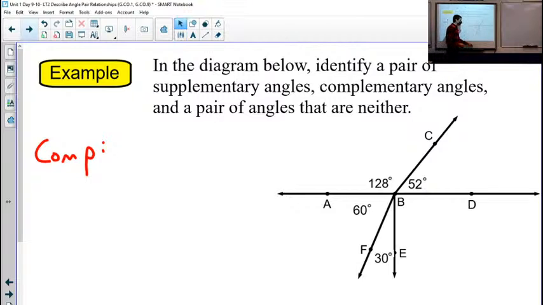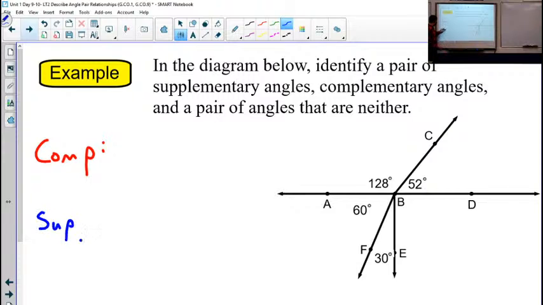So see if you can pick out which angles are complementary, which angles are supplementary. And then I want an example of neither as well.